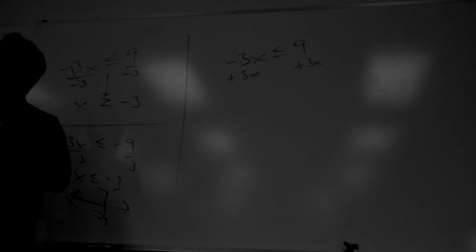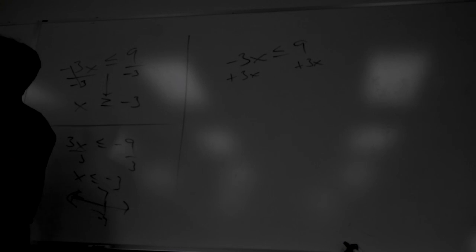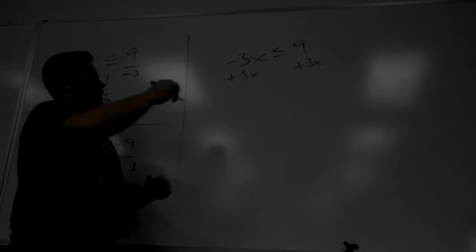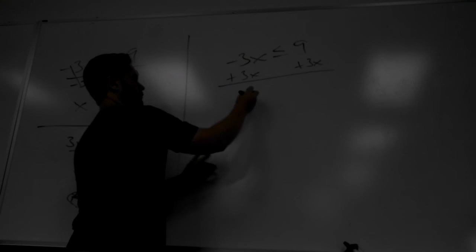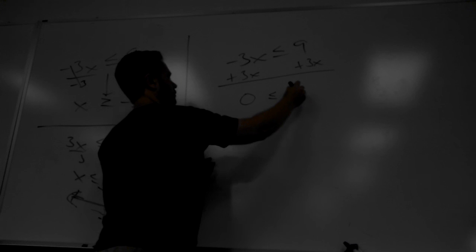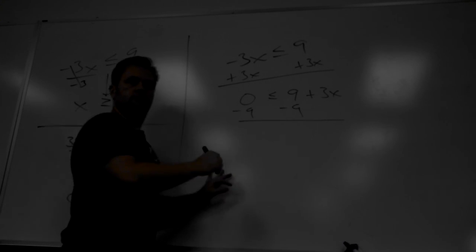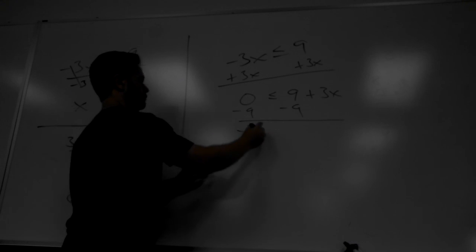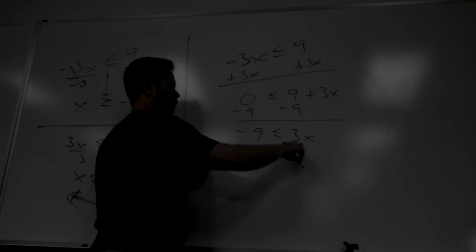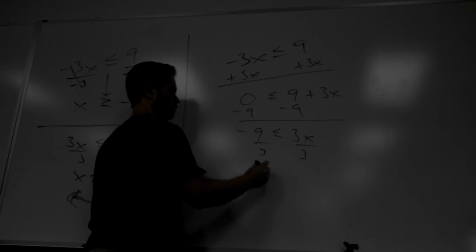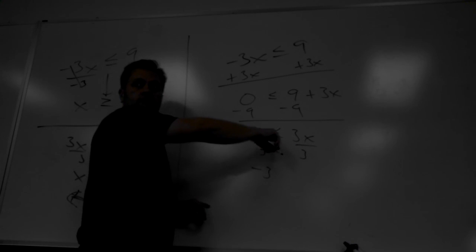Of course I could add whatever I want to both sides. I wouldn't. Stay with me now. So what's this? 0. And then I can subtract 9, right? And then I can solve to finish it. Do I have to switch a side? No.